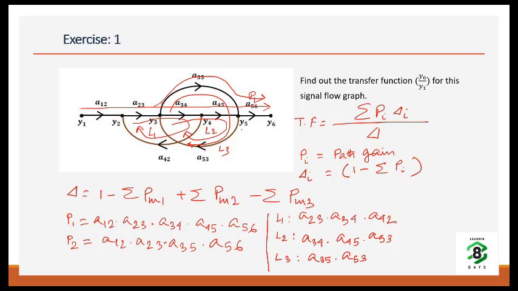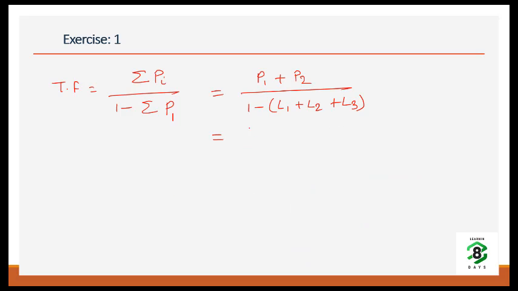We can write it simplified: the numerator is a12 a23 a56 times (a34 a45 plus a35).